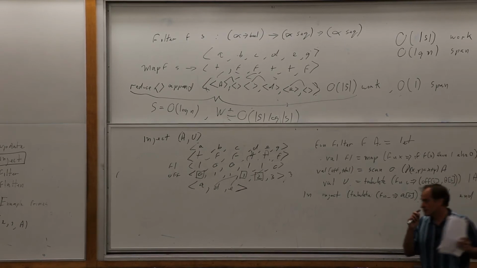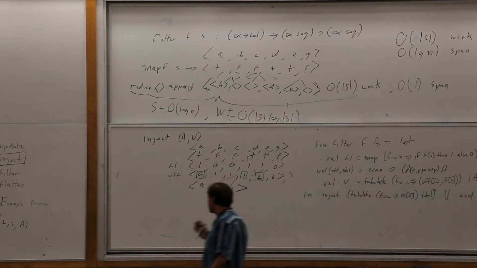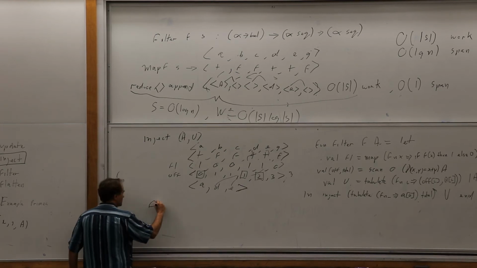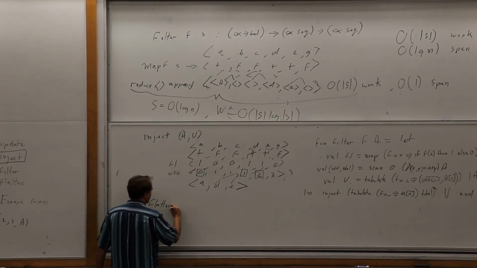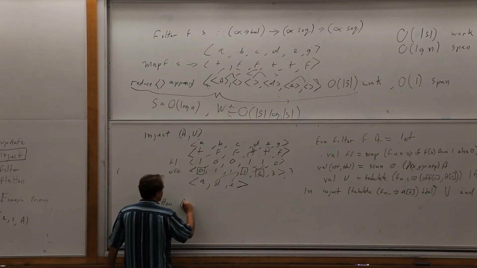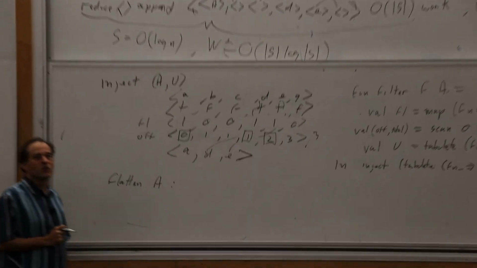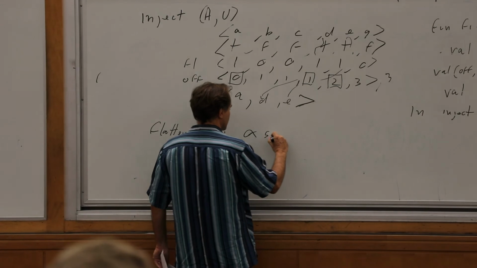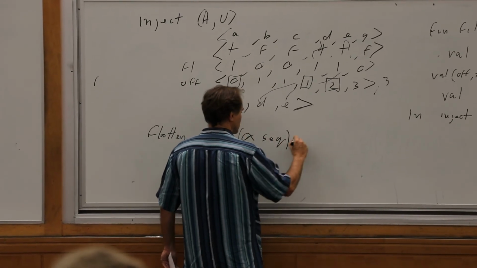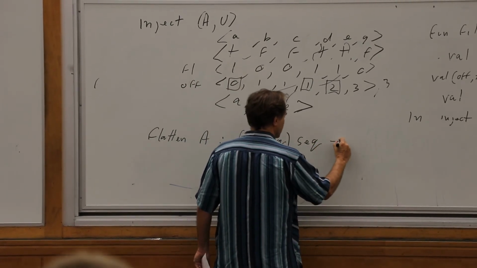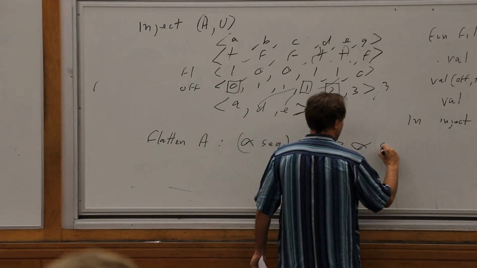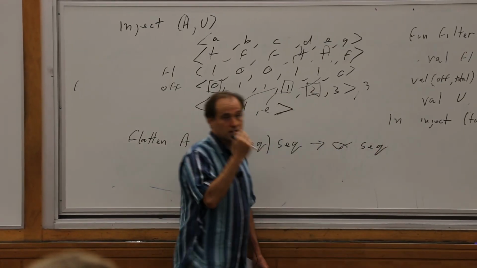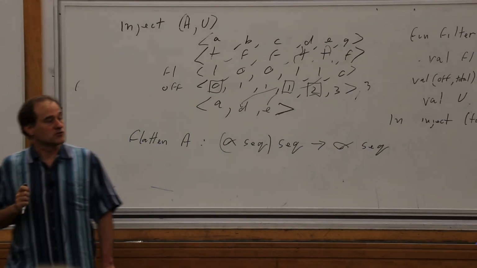Okay, well first let me define what flatten is, although perhaps it's obvious what it does. In fact, when I write down the type for flatten, there's only one sensible thing it could do, and it turns out to be a very useful operation.